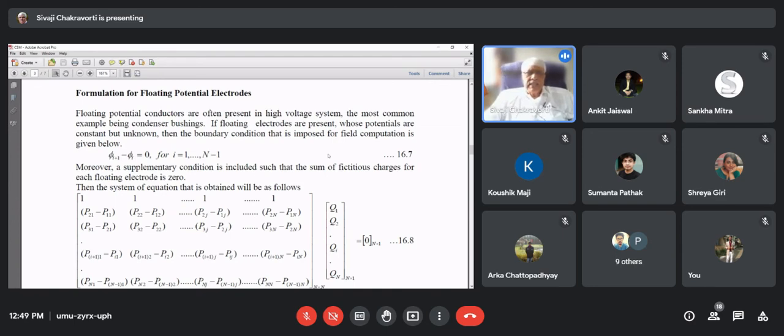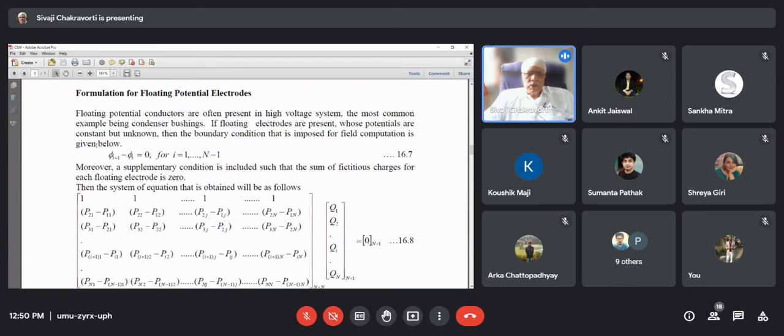Now, as I said, with a floating potential I don't know the potential because it's not known. So then how do I write the equation? Well, any electrode is an equipotential, so the potential of all the points must be the same. So we put the equation like this, 16.7, that is phi i plus 1 minus phi i is 0, because both the potentials are the same.